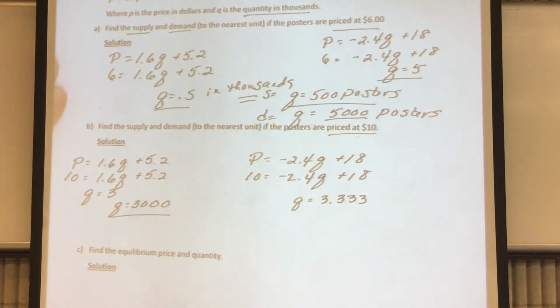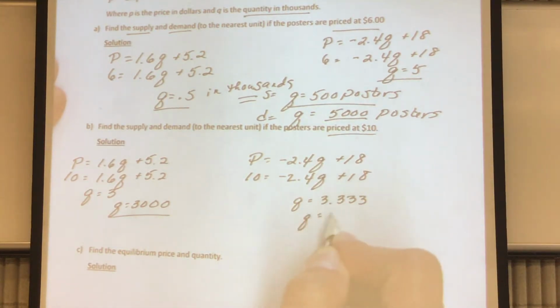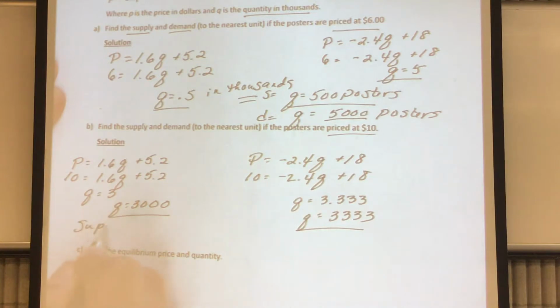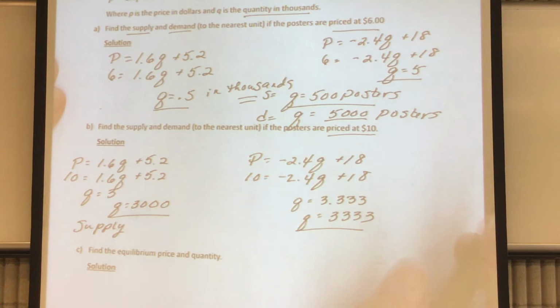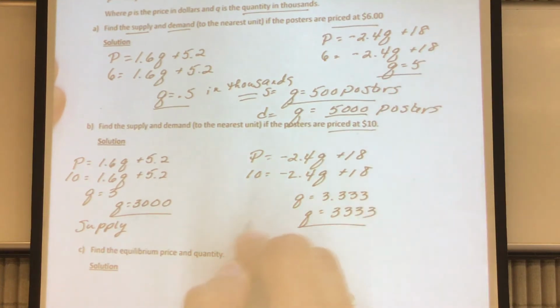Again, multiplying that by 1,000, we have the quantity to be 3,333 posters. So if the price is $10, the supply will be 3,000 posters, and the demand will be 3,333 posters.